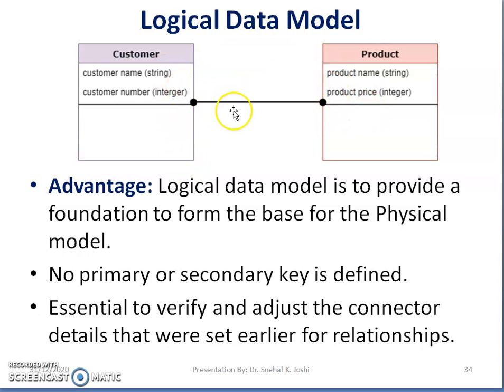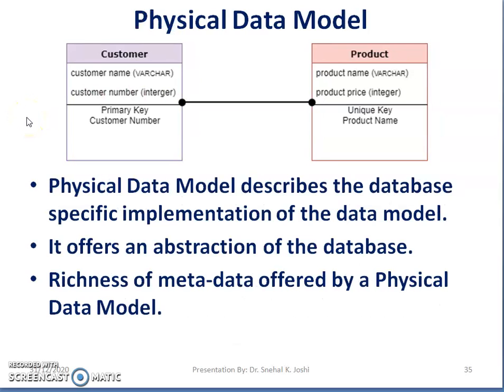So here the relationship shows what kind of relation is available. Then comes the physical data model. The physical data model describes the database specification and implementation of the data model. It offers an abstraction of the database.